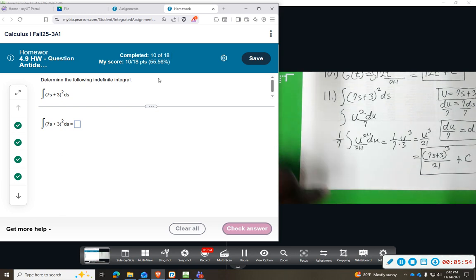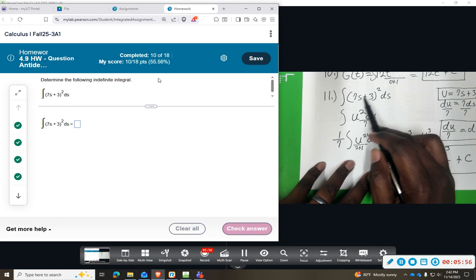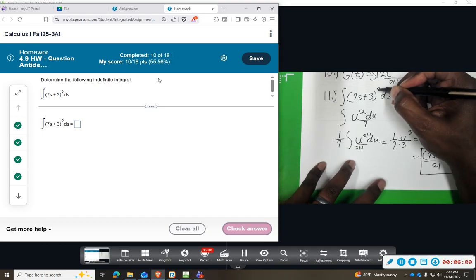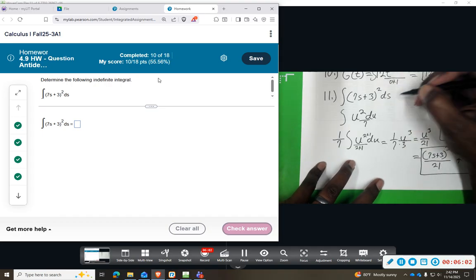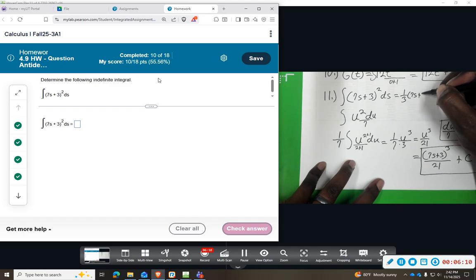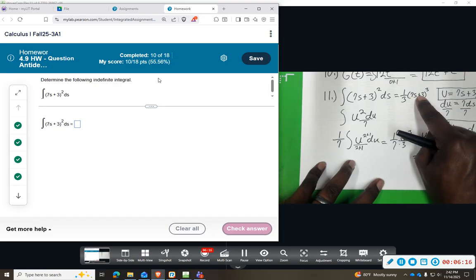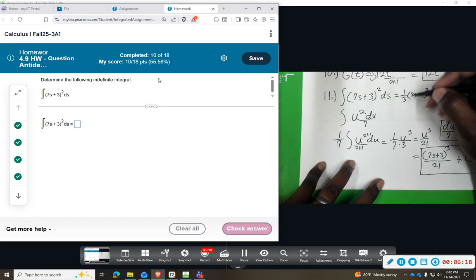Now, you may have been okay trying to do it this way, but I'll walk you through it. If you add 1 and then divide, you'll have a 1 over 3 times 7s plus 3 to the third, and then you'd have to take this derivative, which is 7, and instead of multiplying by it, you would divide by that 7.